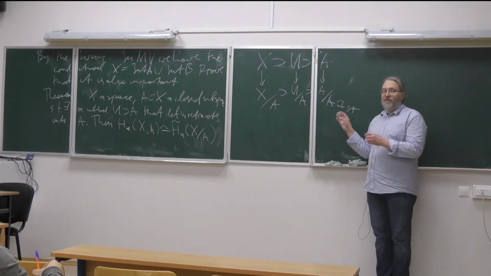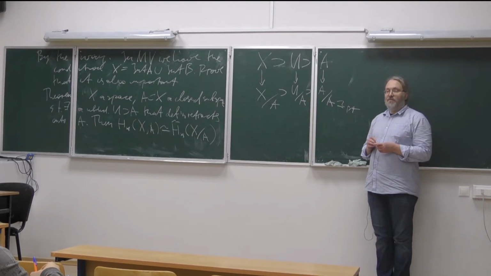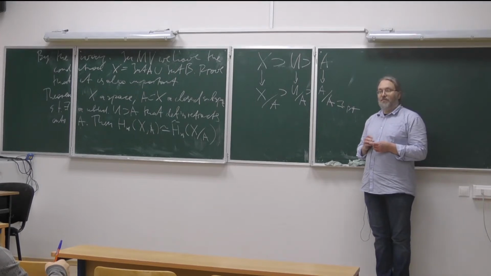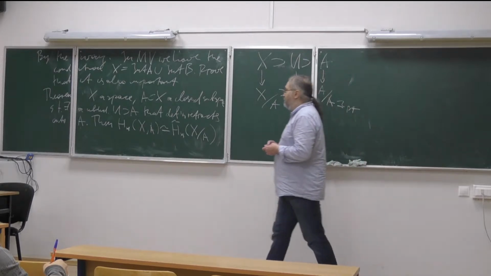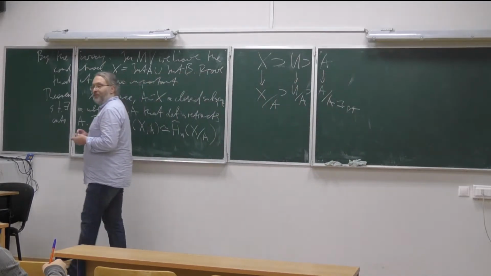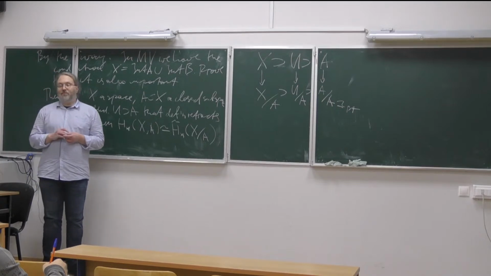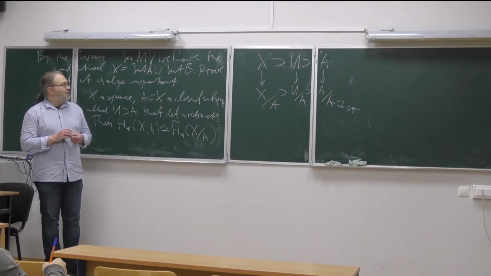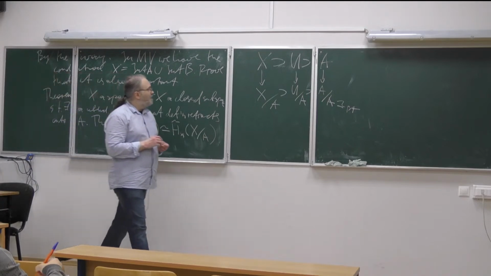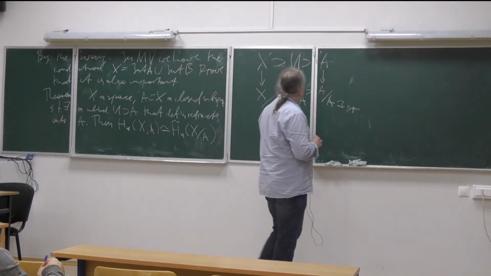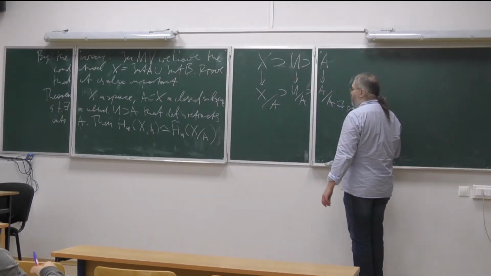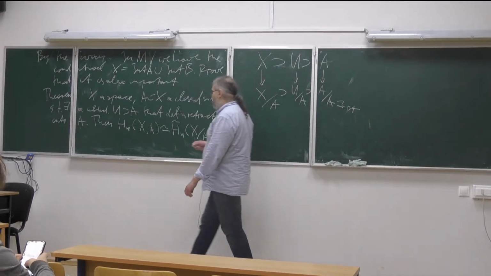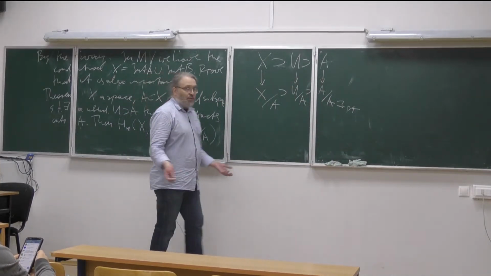Does this diagram give anyone any ideas? If we get something from that side, then we can use the five lemma. I mean, I'm planning to use the five lemma, but we need more. Two more sets for the diagram. Well, let's see. So we have this group, which is what we're interested in.